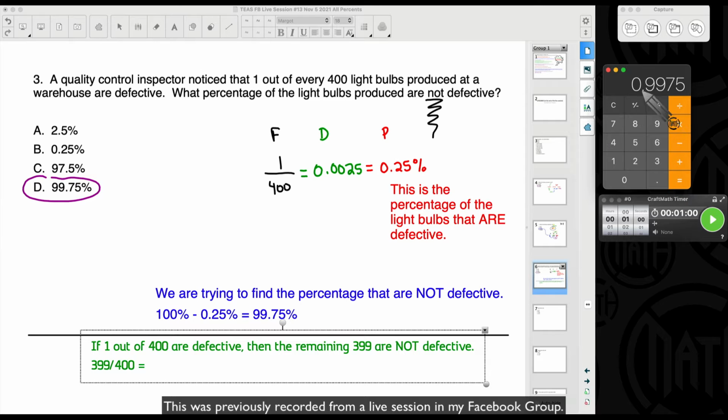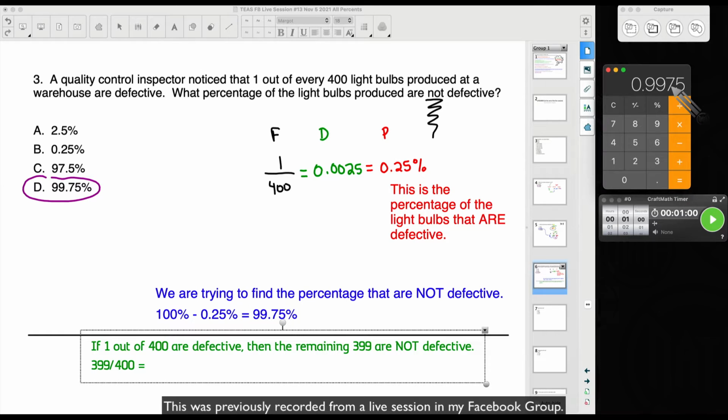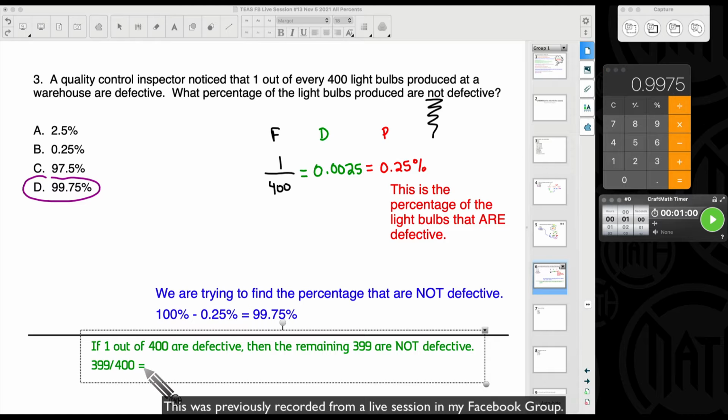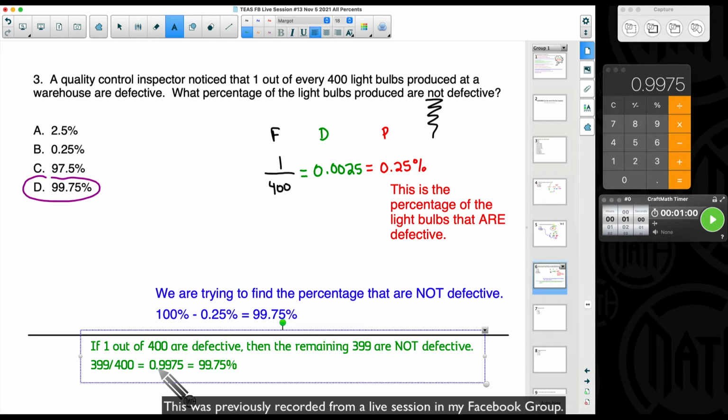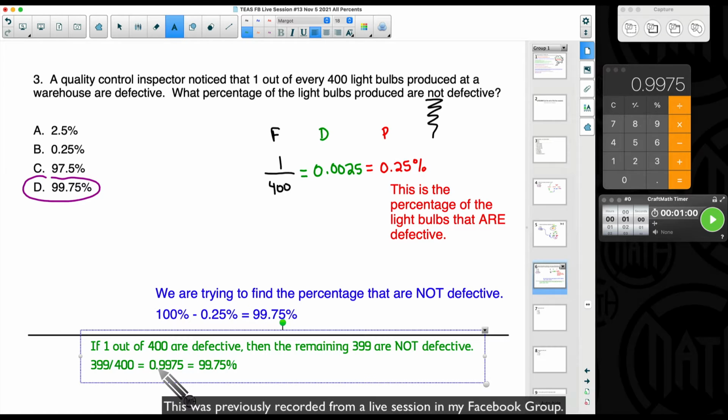And look what happens. 0.9975. So this is our decimal. And that percent is 99.75%. So notice the percent symbol. That percent symbol is what makes it a percent, by putting it on the end.